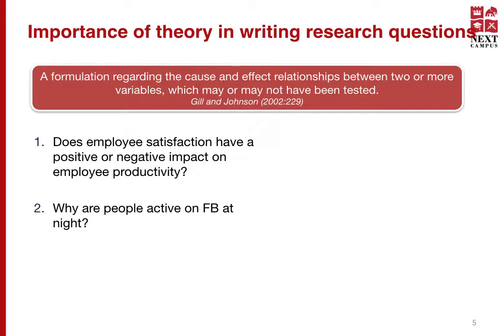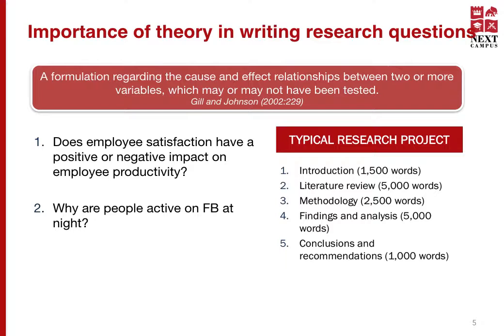Both are good research questions, but we are doing a master's in project management, and this is the typical research project chapters: introduction, literature review, methodology, findings and analysis, conclusions and recommendations, all coming up to 15,000 words.